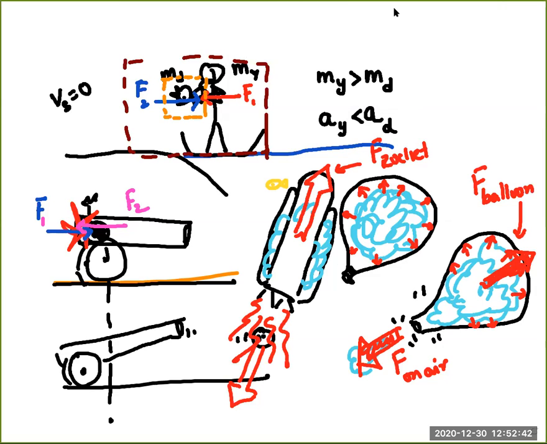Sir, the gun, the cannon one, the same thing happens with the gun also, no? Exactly the same thing happens with the gun. Yeah, except smaller. And you can then say, between the gun and the bullet, which one should have a greater mass, and what will happen if the gun and the bullet are of the same mass?